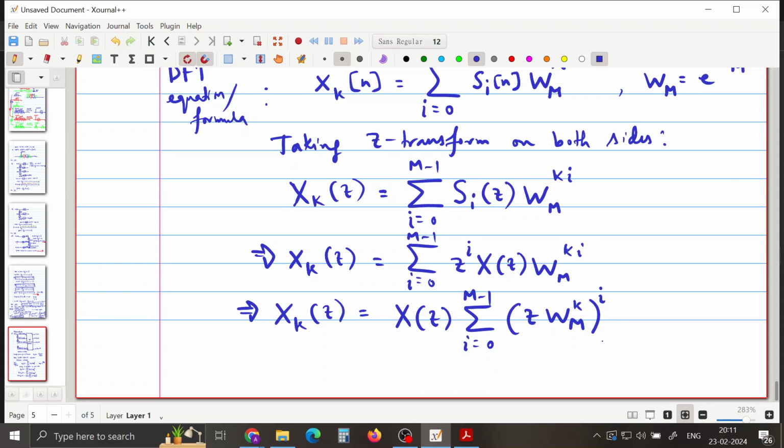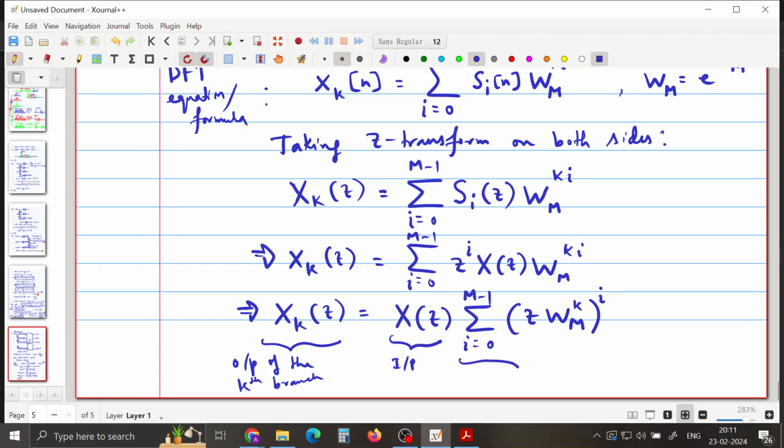Now we have a complete input output relationship. So this is xk of z, the output of the kth branch. What is x of z? That's your input.